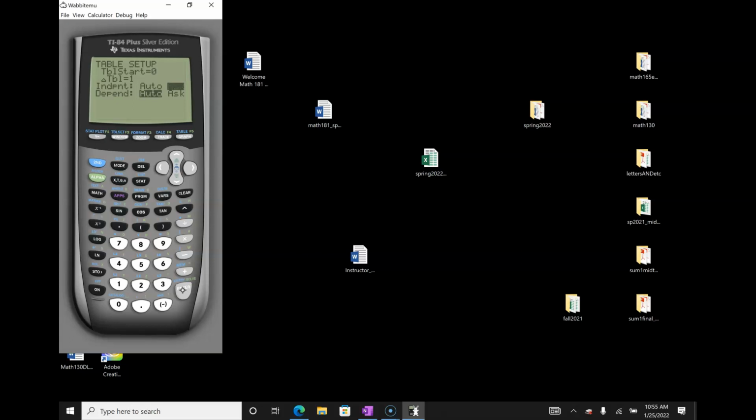Now I'm going to go to second table. So second table, this is going to give me a blank table. And now I can plug it in. Remember, where do I want to get close to? 1, right? I want to get close to 1 from the left and from the right. So let's do from the left first.